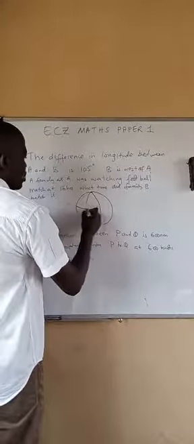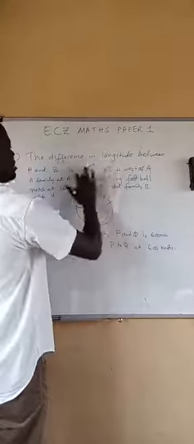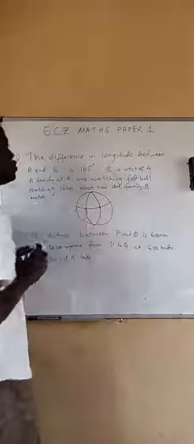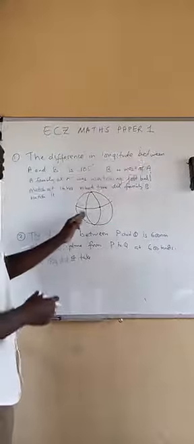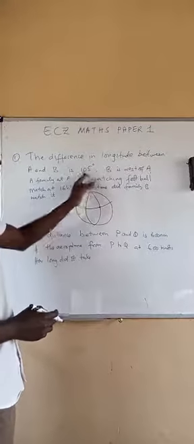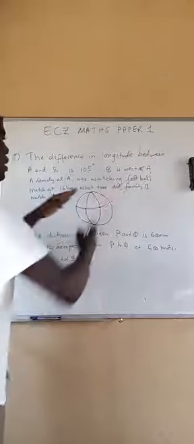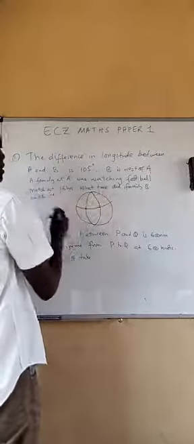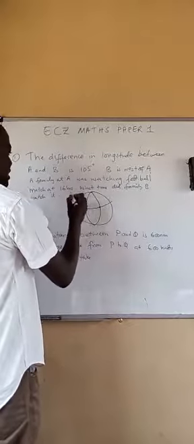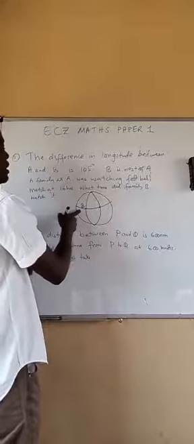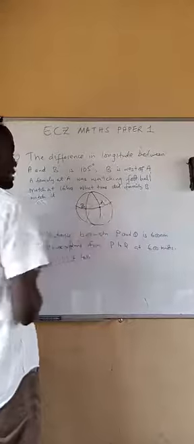So I'll draw this longitude like this, and then I'll interpret this question using this diagram. If they said the difference in longitude, meaning this longitude and this longitude, the difference is 105, okay? B is west of A, so it means B, I'll put it this side, while A, I'll put it on the other side.